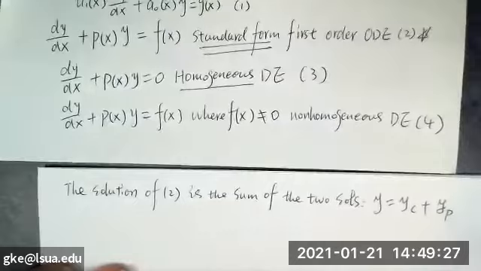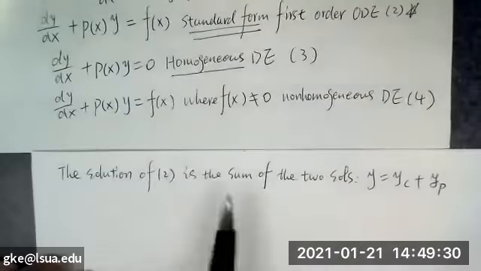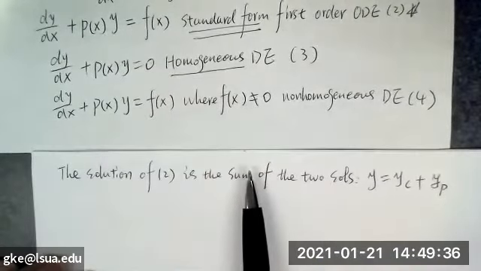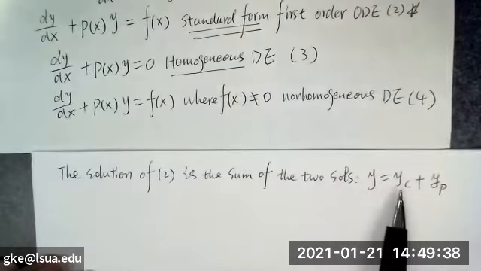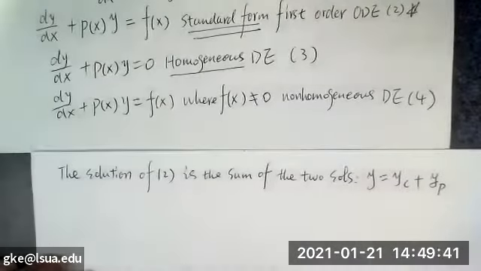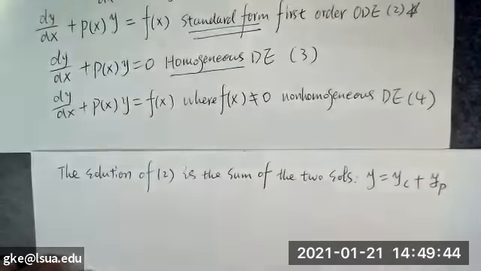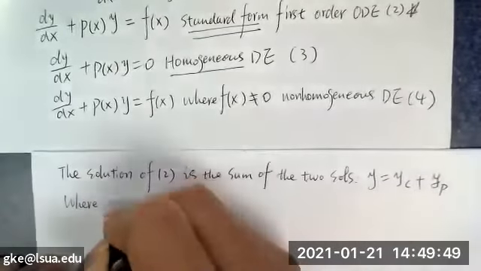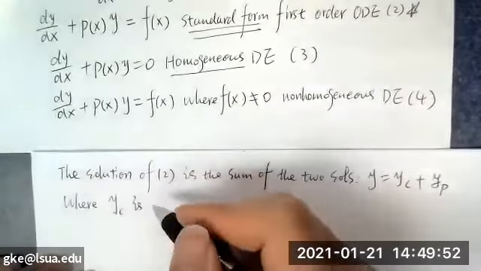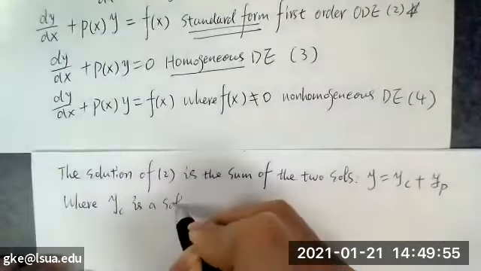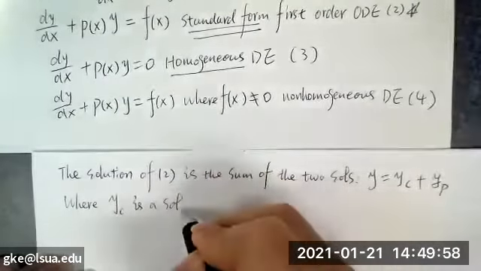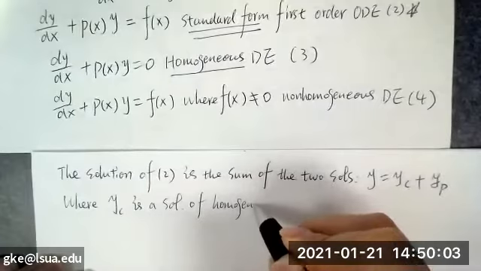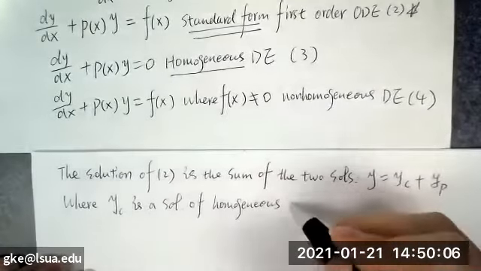Okay, how to define these 2 parts? The solution of 2 consists of two parts: one is yc and one is yp. What is yc? Let's take a look. yc is a solution of the homogeneous differential equation 3.